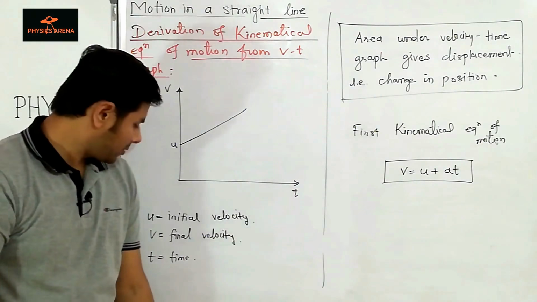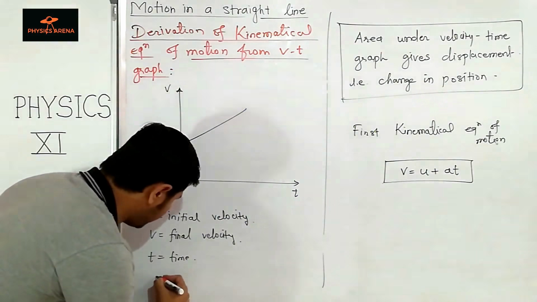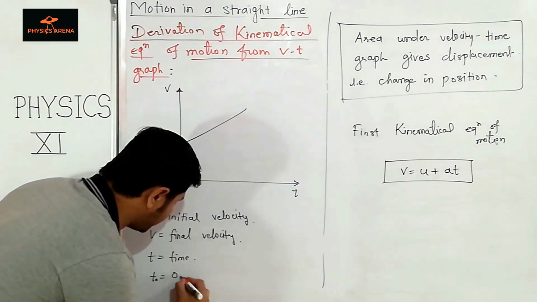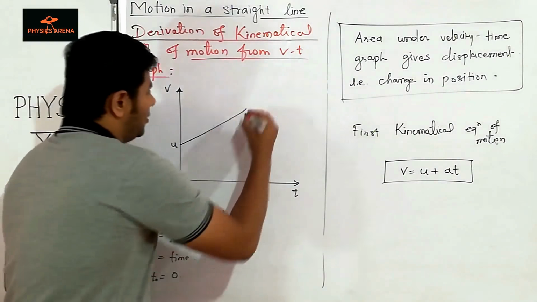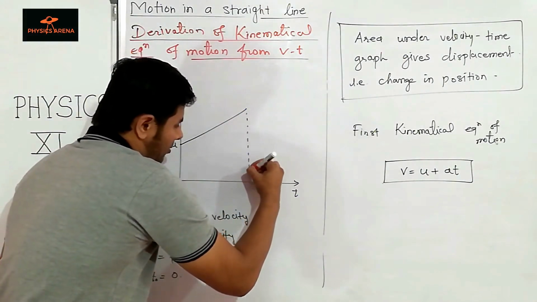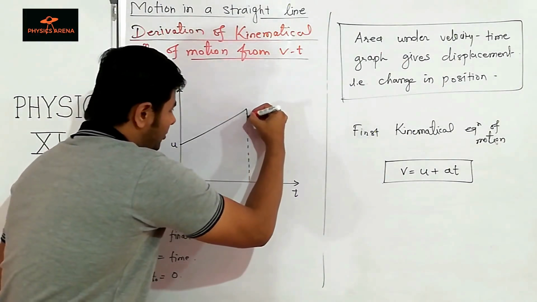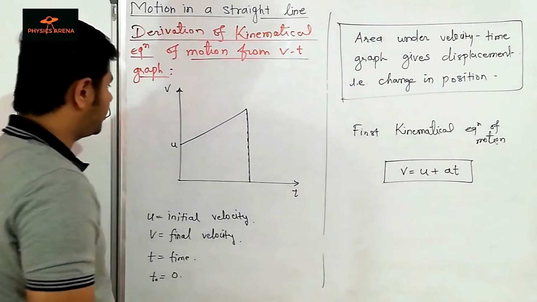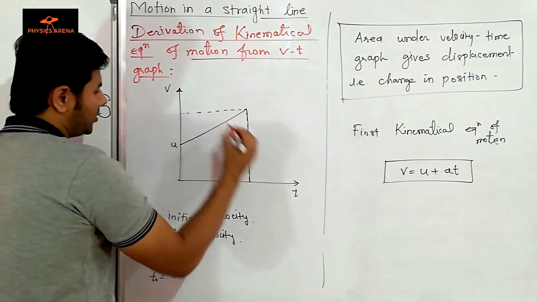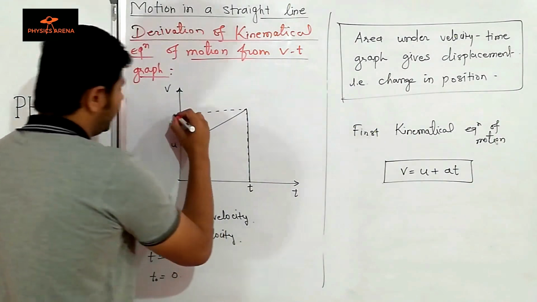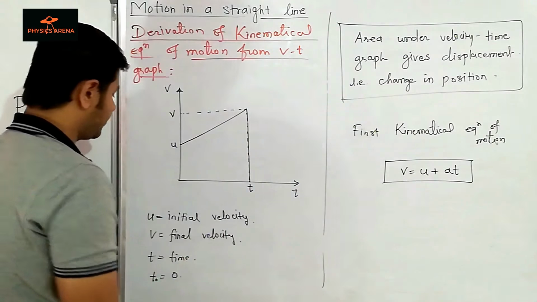That means the initial or starting time t naught is equal to 0. Let me just draw this line, and this is the final velocity at time t. So this is v.